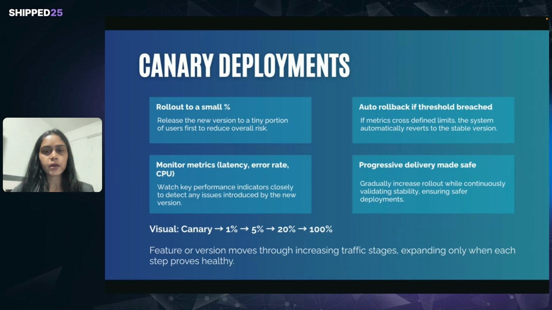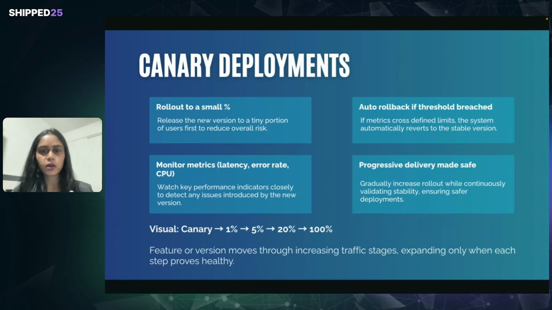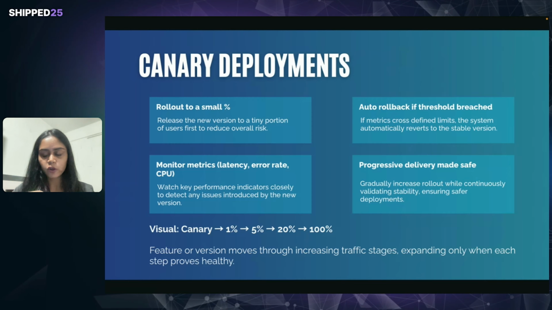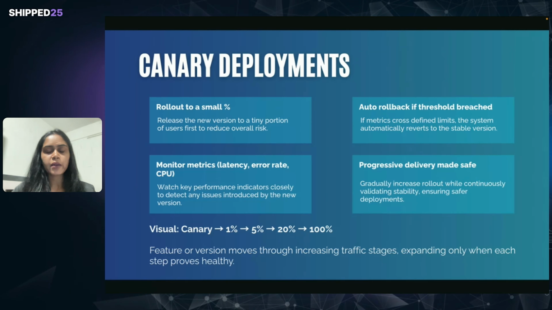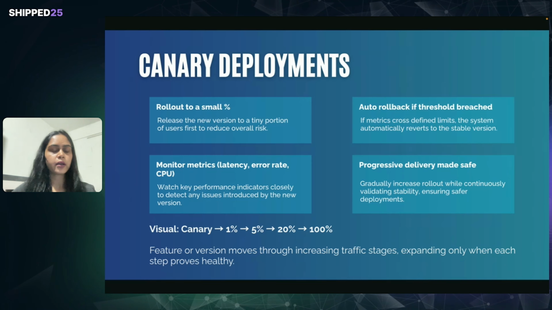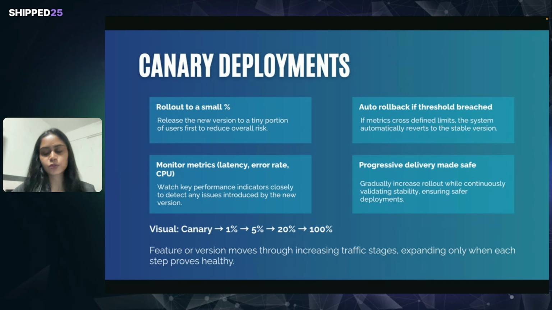There's no hoping or depending on luck. You just look at the metrics and measures, and based on that you can either roll back or go ahead with the deployment. That is what canary deployments are, and how they help us improve deployment strategies.